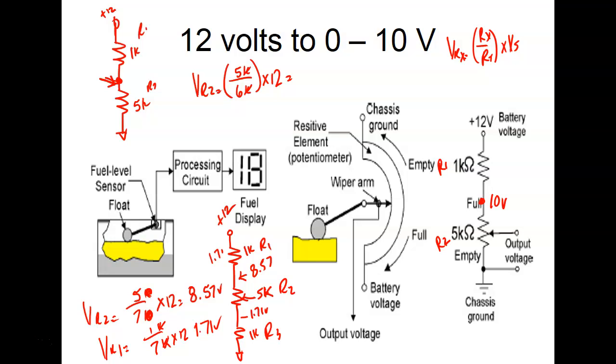So the maximum I would get out of my pot is 8.57 volts. My minimum I would get out of my pot is 1.71. So using a pot, we can set the span. Our span doesn't have to be all this voltage and this voltage. We can actually set the span, so the lower voltage is not equal to 0, and the top voltage is not equal to the supply.